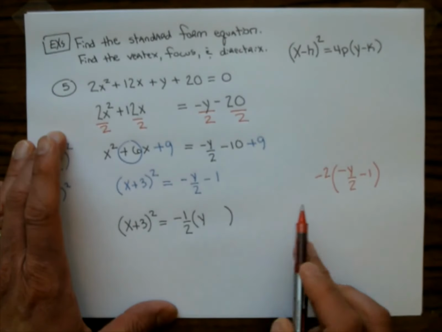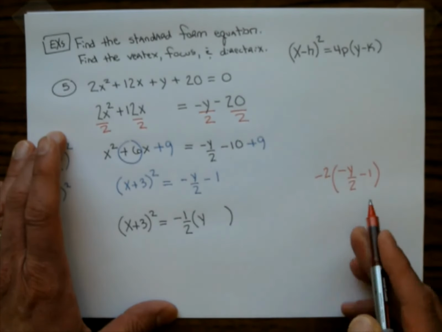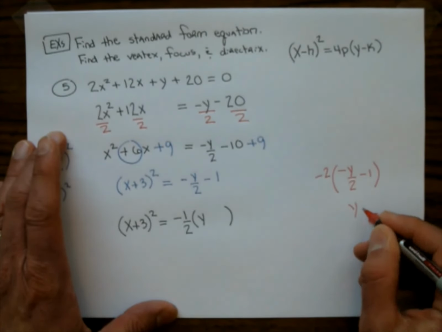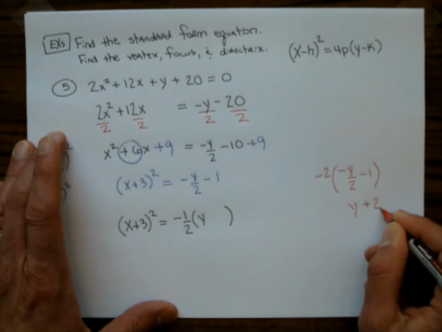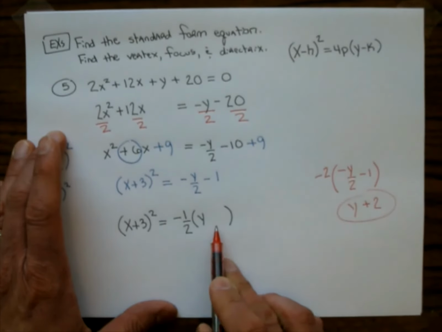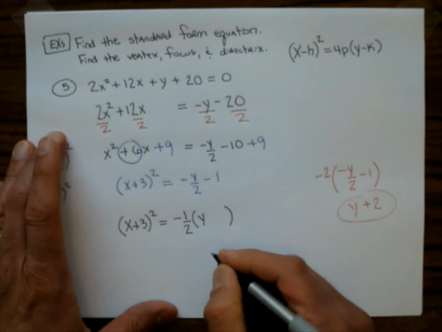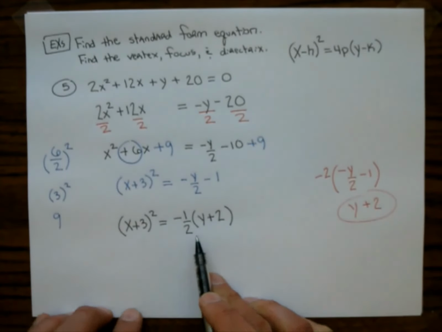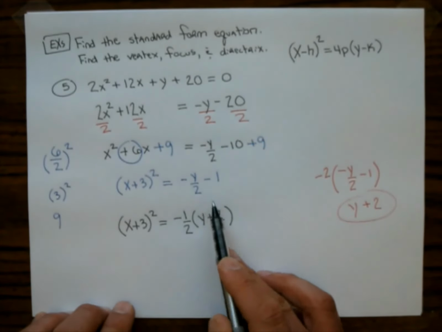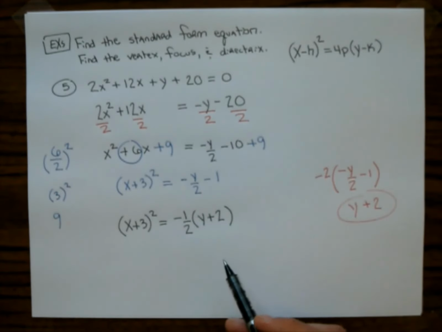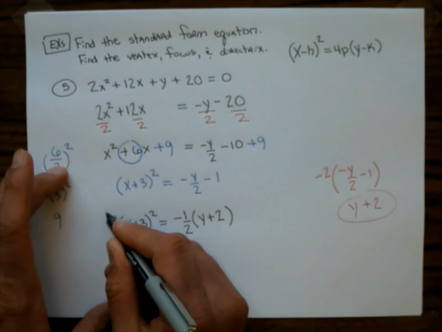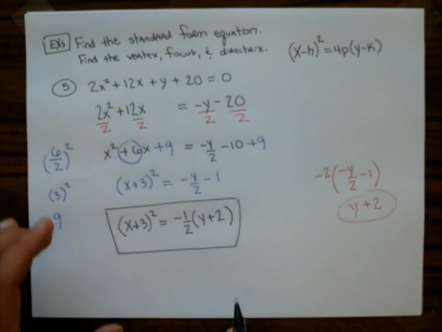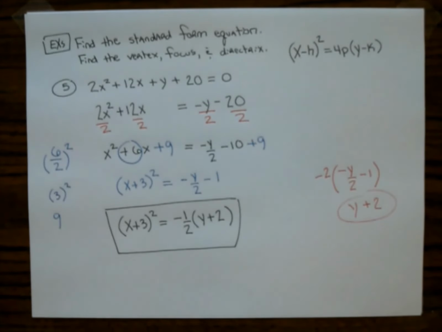To see what goes in here, look at this. The 2's cancel, we end up getting a y, and then this is a plus 2. So that's what goes inside the parentheses. So this is going to say y plus 2. Now some of you were able to just figure that out because you're thinking backwards, which is all right. And so this right here is the equation in standard form of the parabola.